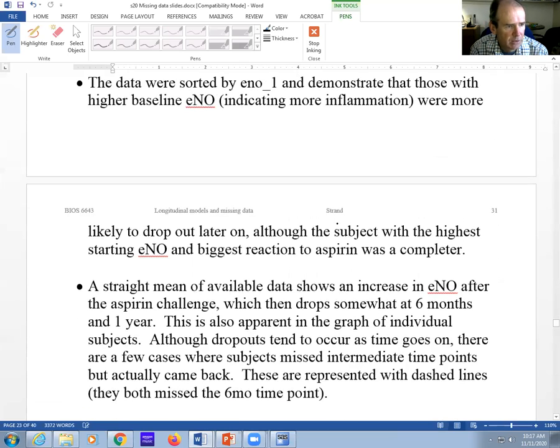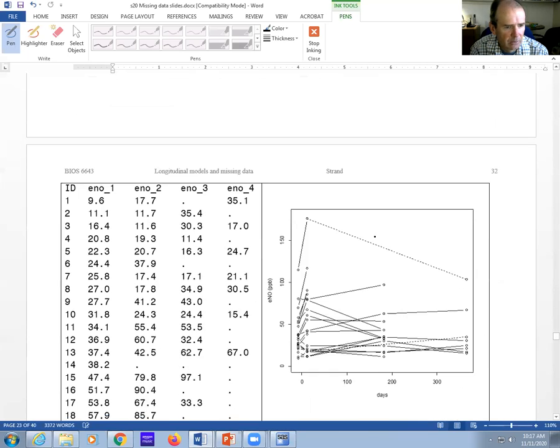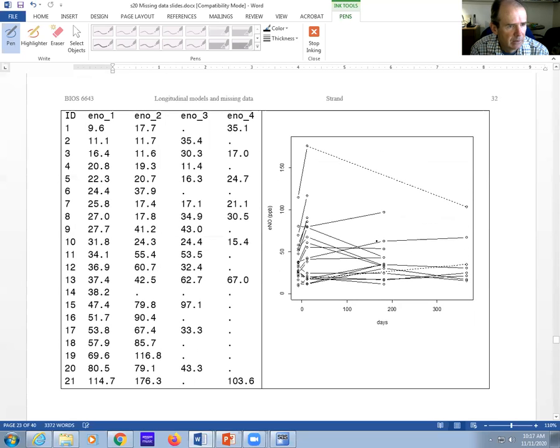So I just want you to look at the data. Here it is. We have 21 subjects, and I sorted the subjects by their baseline ENO value. Then we can see the information that we have at the time immediately after, the 6 months, and then the 1 year.